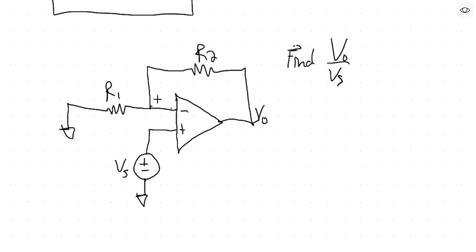So we know just from observation that this piece of copper here has Vs volts on it, right? Because if there's ground right here and you have your source, then this has to be Vs volts, okay? And so because of the virtual short, we know that there's Vs volts right here on the negative input side as well. Awesome.